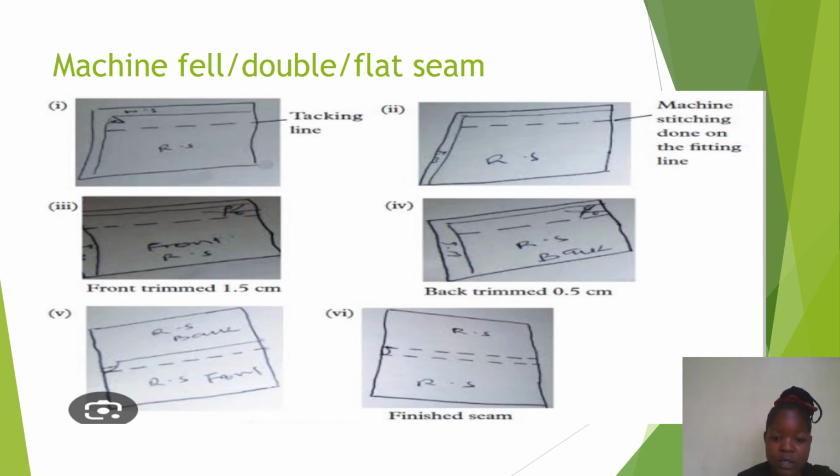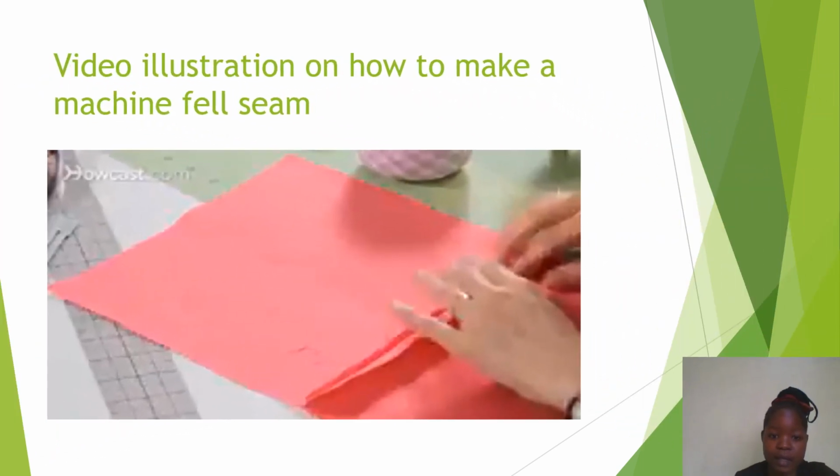Then we stitch close to the raw edge on the stitching line to enclose the raw edges. Then press the completed seam. This is a short video illustrating how to make a machine fell seam. For those who have not understood, they can watch it and get the content very well.